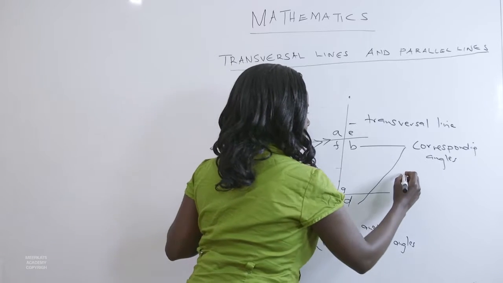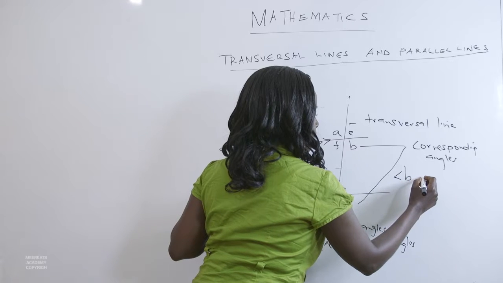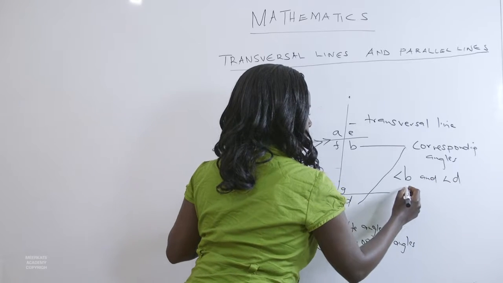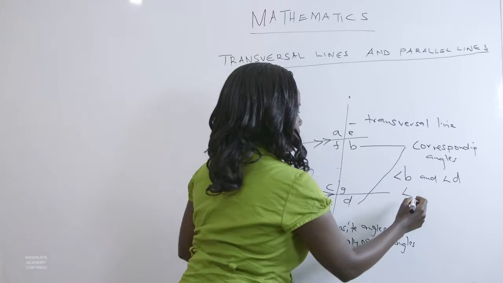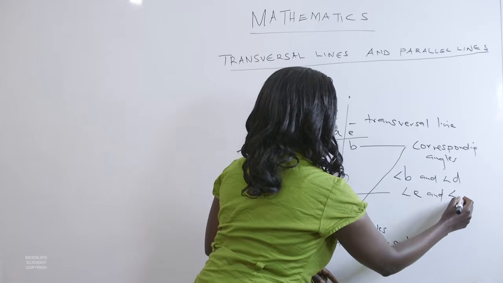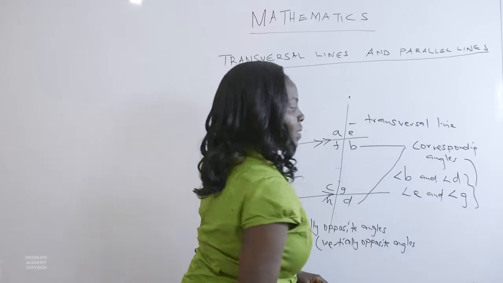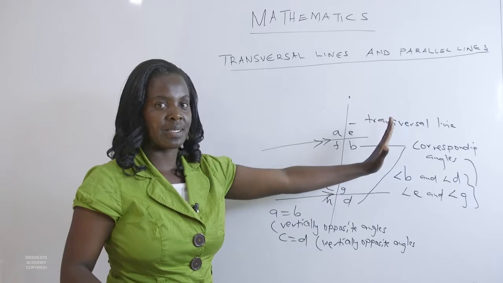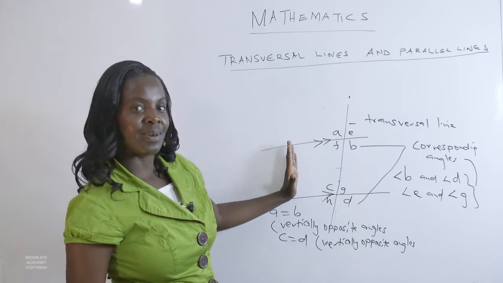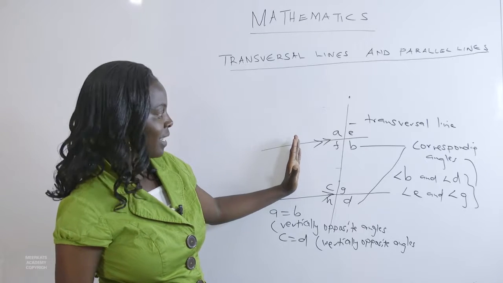E and G are corresponding angles. We also have other corresponding angles on this other side.